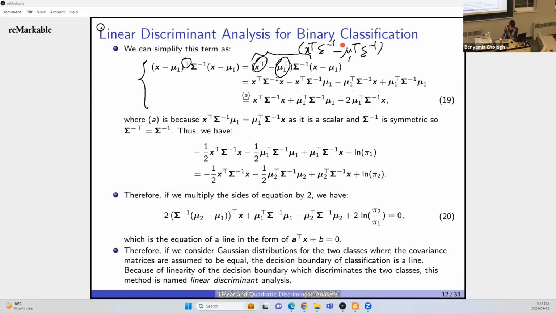So I have these four: x transpose sigma inverse x, x transpose sigma inverse mu1, mu1 transpose sigma inverse x, mu1 transpose sigma inverse mu1. Agreed? Okay. Now what happens?